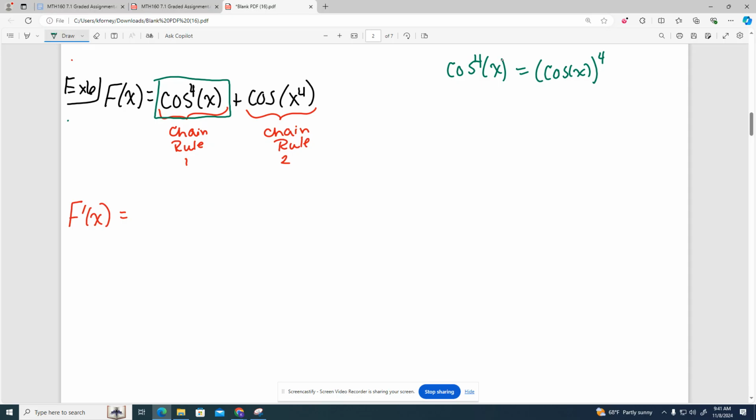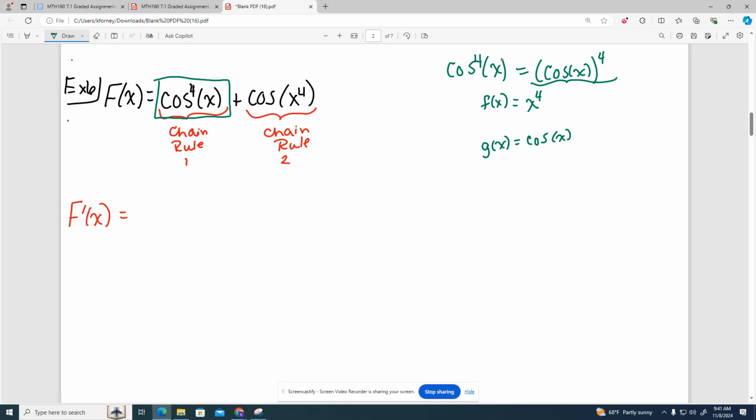Okay? Now, if I want to start here, what would the inside function for this be? The inside is cosine x, and the outside is x to the 4th.